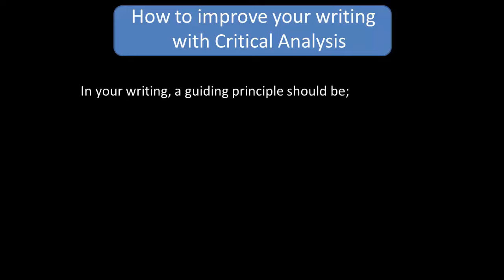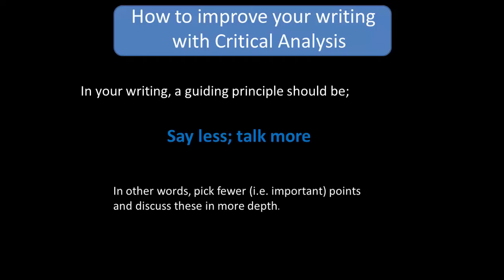Now I want to think about improving your own writing with critical analysis, and I want to offer a guiding principle, and that is that you should say less, talk more. What we mean by this is that you should highlight and discuss perhaps fewer concepts, fewer points, but discuss them in more depth.